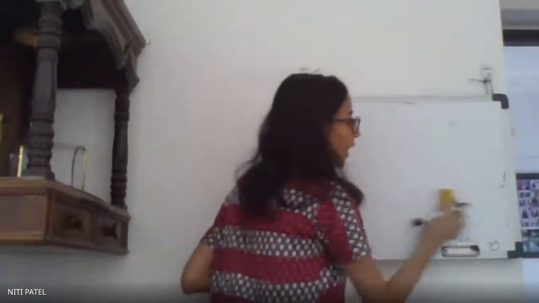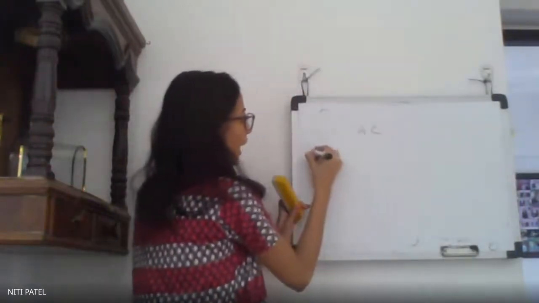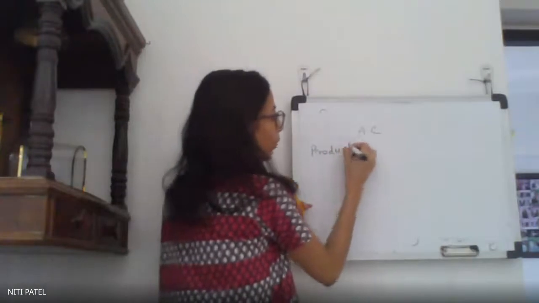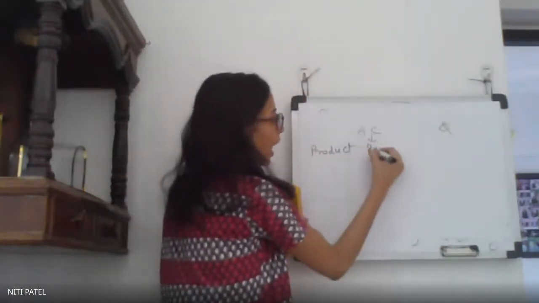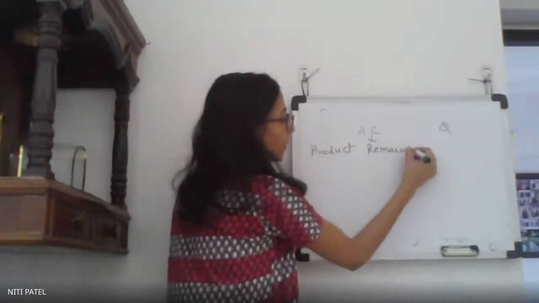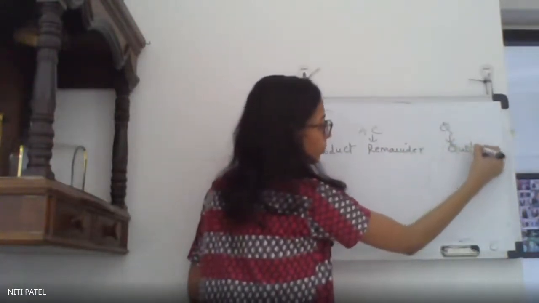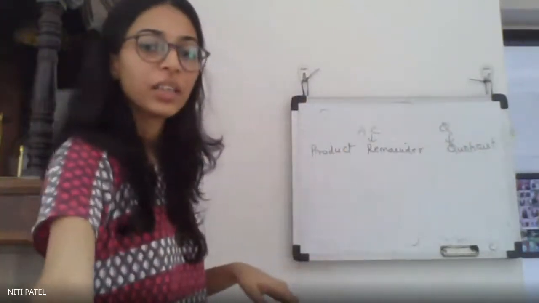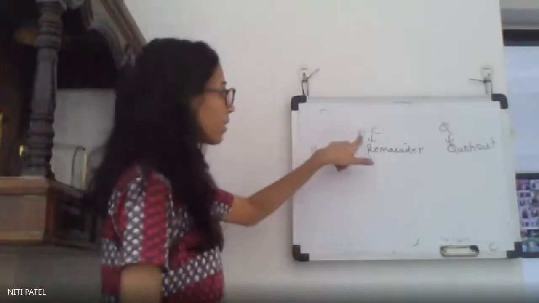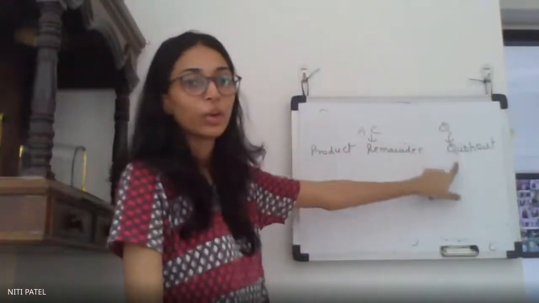Whatever answer you get in your AC in the final product, and whatever contents you get in Q, the contents of AC are called the remainder and the contents of Q are called the quotient. So after you complete the cycle, the final result in AC will be the remainder and the final result of Q will be the quotient.